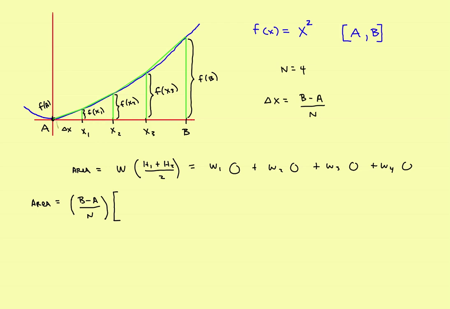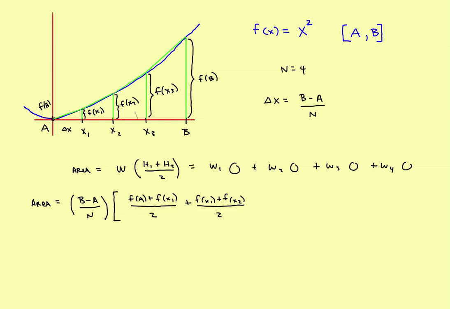So let's look at this first trapezoid. It's going to be the average of this, so you'll have f at a plus f at x1 divided by 2. That's the first trapezoid. Then plus, for this trapezoid, f at x1 plus f at x2 divided by 2. That'll be that one.